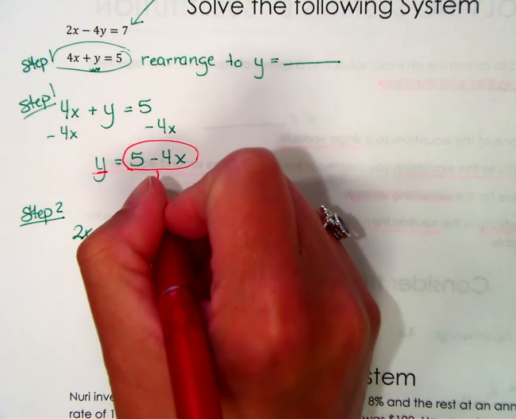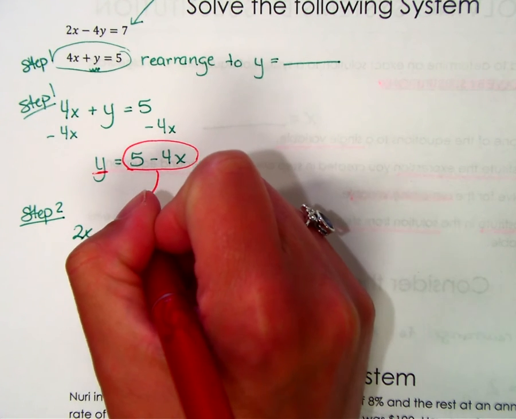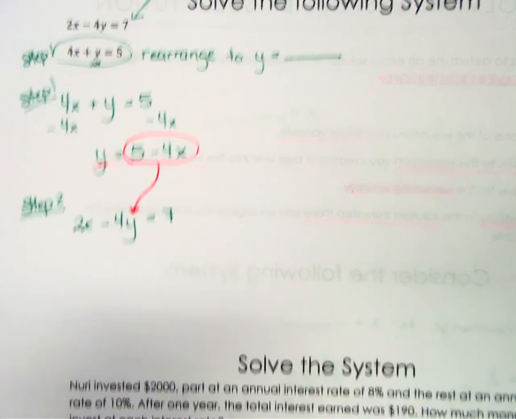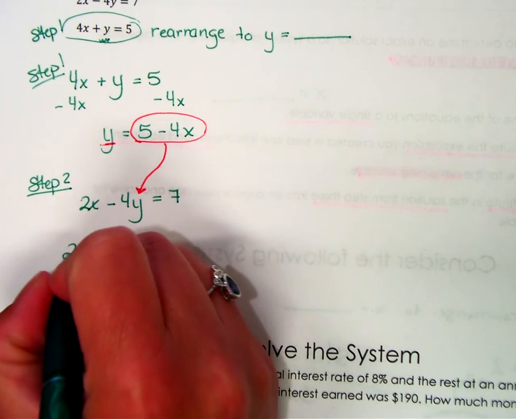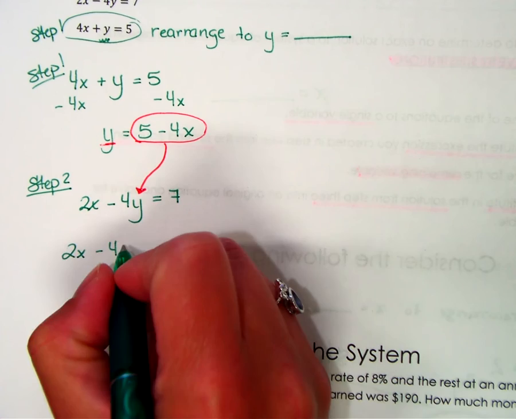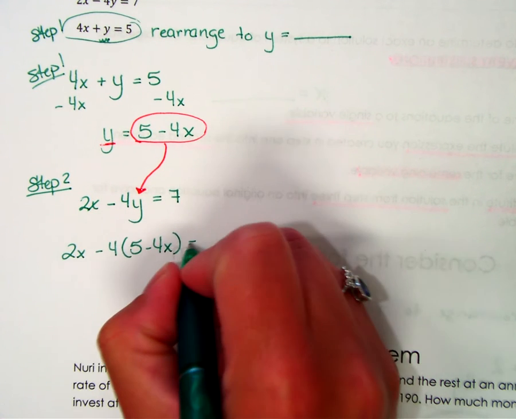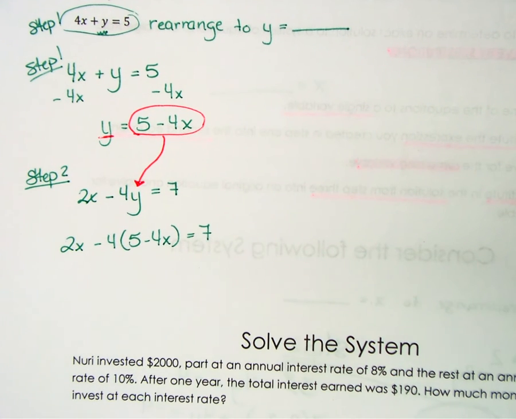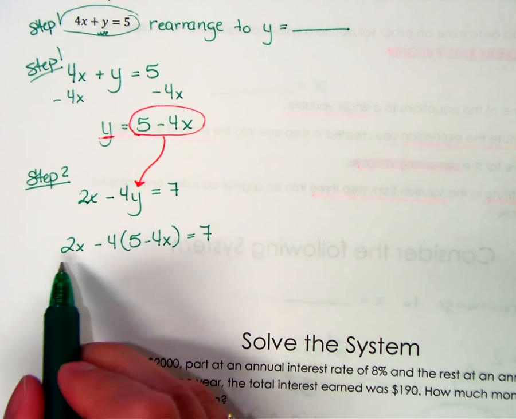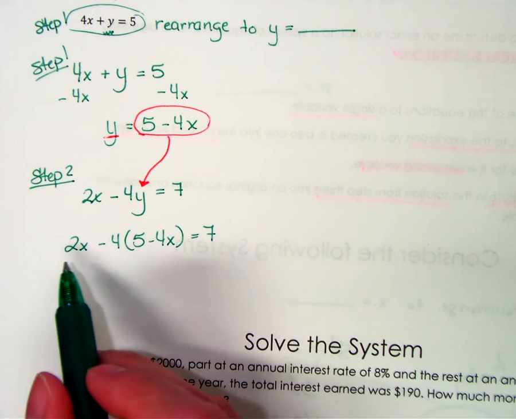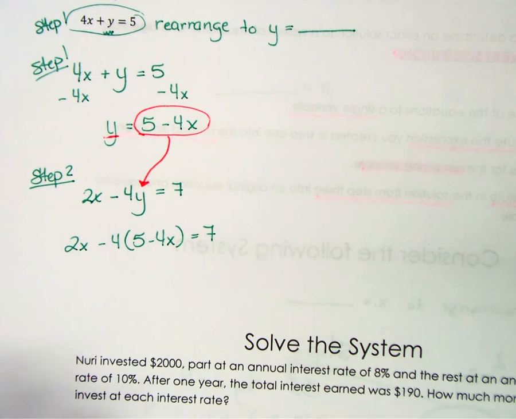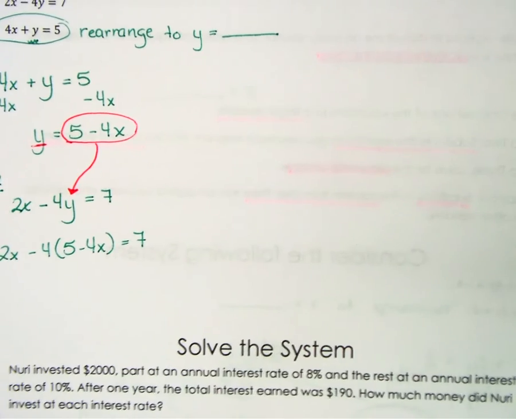So I'm going to substitute that in where I see the y. So that's going to be 2x minus 4 times (5 minus 4x) equals 7. So again, as you notice, this is only x in this one. So we're just going to solve for that one.